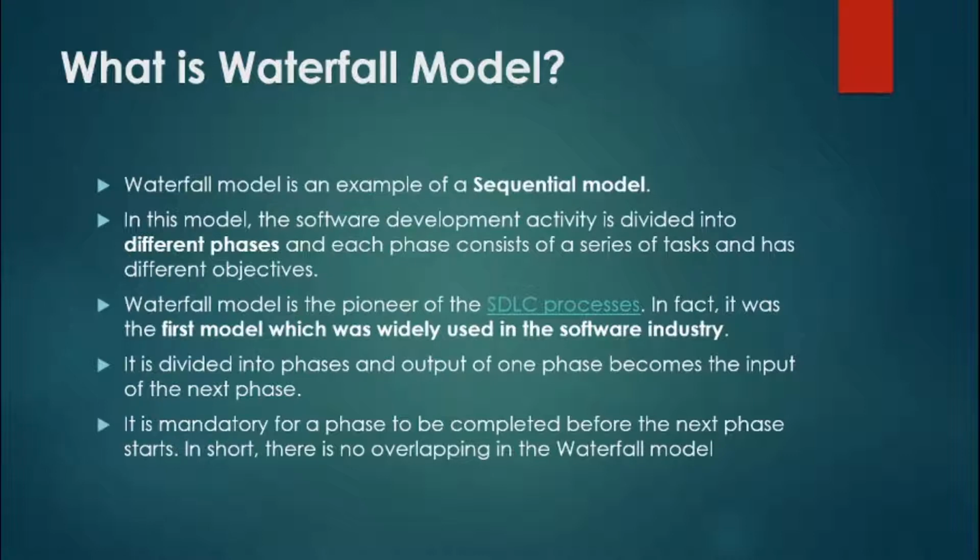In this model all the tasks are divided into phases, and the output of one phase becomes the input of the next phase. It is mandatory for a phase to be completed before the next phase starts, so there is no overlapping in the waterfall model.